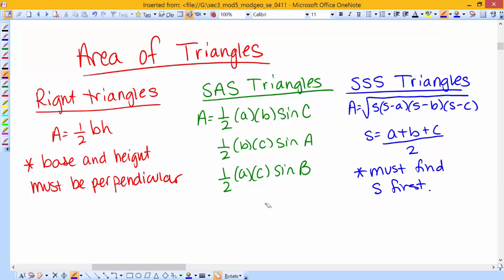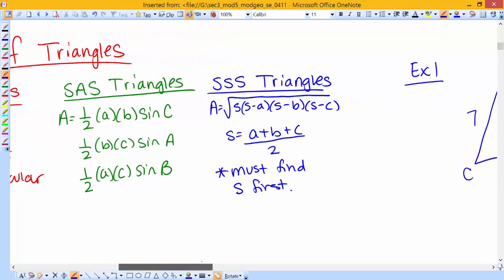If I'm not, there are two other formulas that will actually help me find the area of a non-right triangle, or a triangle which does not have a perpendicular base and height. So I have the side angle side formula. The thing with this side angle side, there are 3 different formulas.